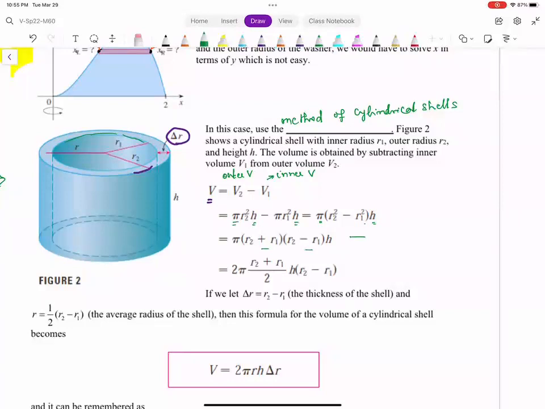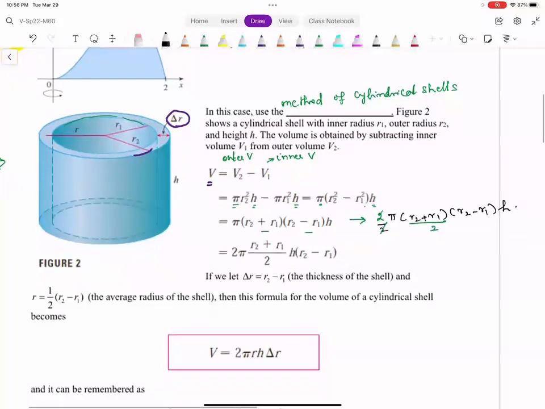Then what we do in this step is we multiply and divide by 2. So 2 times pi, I'm multiplying by 2, and I'm going to divide by 2, R2 plus R1 times R2 minus R1 times h. Since they're all products, you can put the denominator 2 anywhere you want.